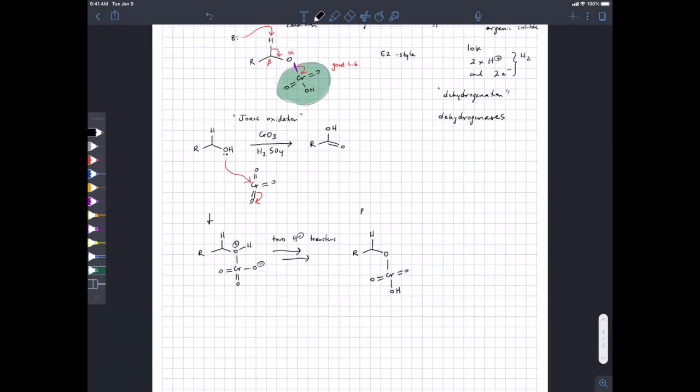And then a base will come in, we'll remove the beta proton, and the leaving group will leave, and then we'll get to the aldehyde. Now, same intermediates, same product.